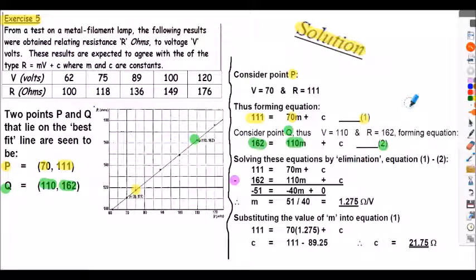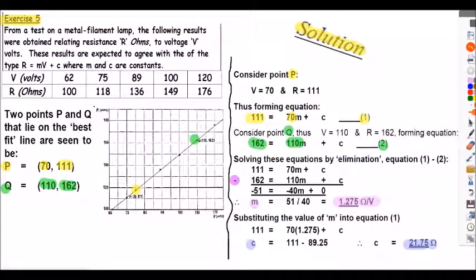I would encourage you to start the presentation now and follow through the solution at your own pace, noting that the value of gradient M in this case will be 1.275 ohms per volt, and the intercept constant C found by back substituting the value of M into equation 1 is 21.75 ohms.